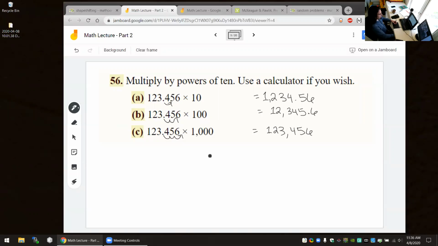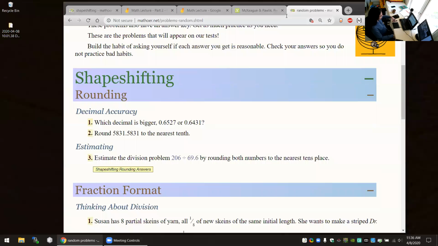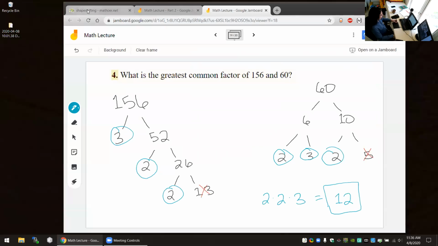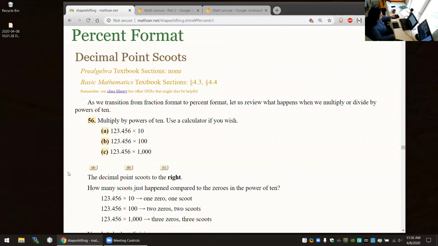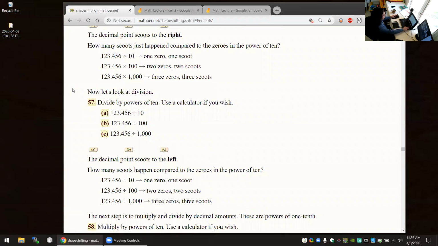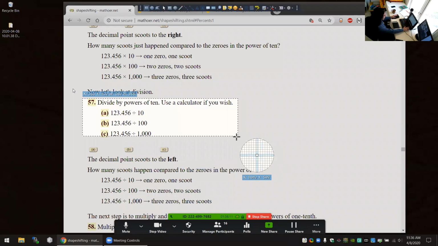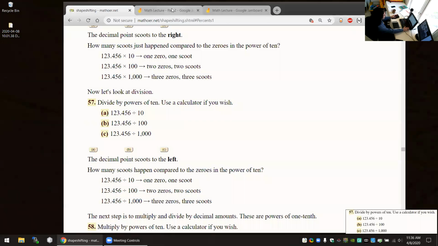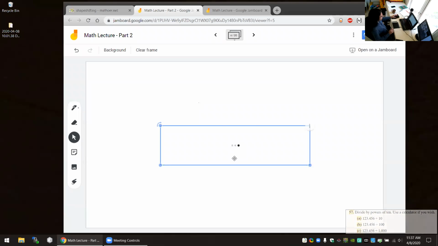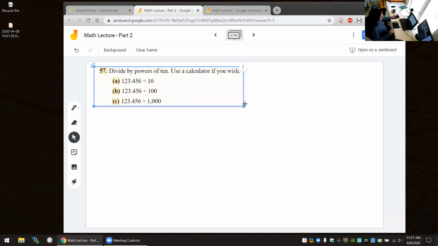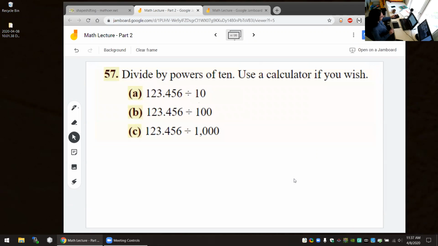So there's two ways to tweak this. The first way is instead of times, we divide. So let's look at that. If I divide by 10, who knows what will happen?